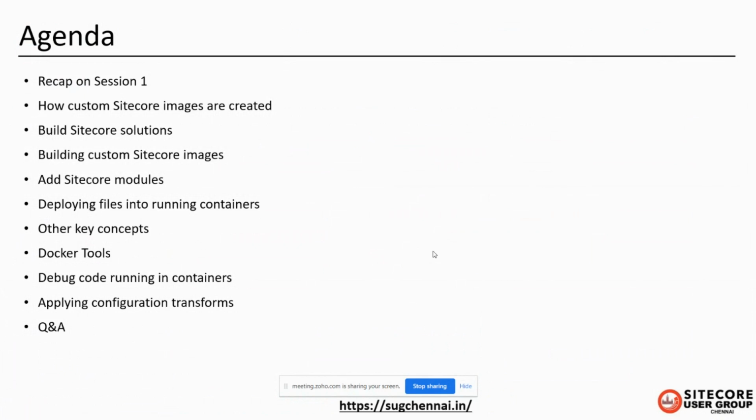Then we'll discuss building a custom Sitecore image and how to add Sitecore modules and how to deploy files into a running container. Then I'll explain some key concepts and other Docker tools which we can leverage. If we have time, I'll explain how to debug code running in containers. Also, we'll see how to apply configuration transforms. Then we can close the session with Q&A.